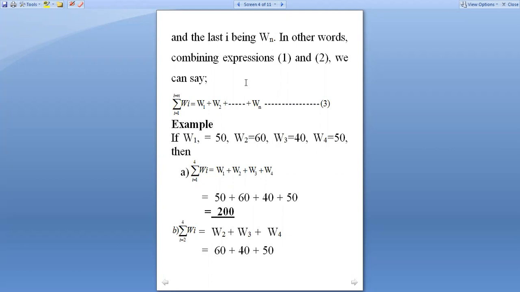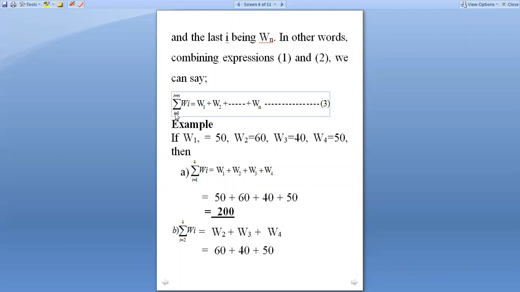In other words, when you combine these two expressions, you will say that this expression, summation of Wi, is equal to the expanded form here. As you look at this summation here, that is how it is supposed to be: i equal to 1 below the summation symbol, and on top of the summation symbol, i equal to n.